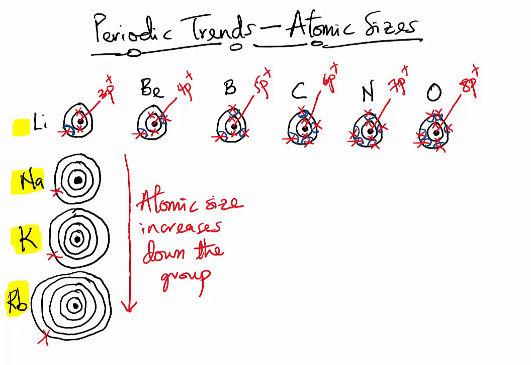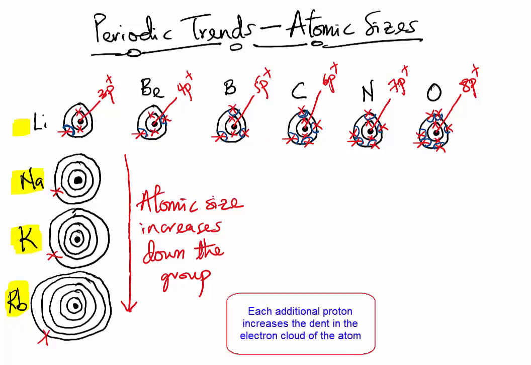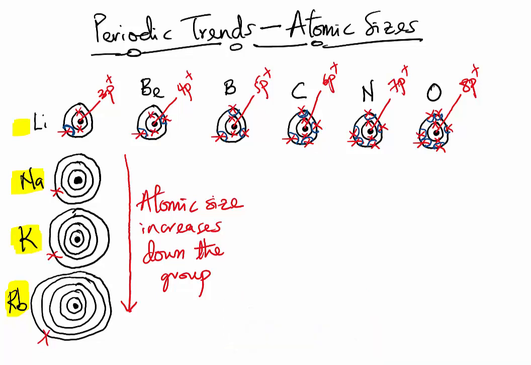One thing that is very obvious is that as the pulling strength of the nucleus increases, we have more dents in the diameter of the energy level number 2. That is another way of saying that each additional proton in the nucleus would shrink the size of the atom if they all have the same energy levels.